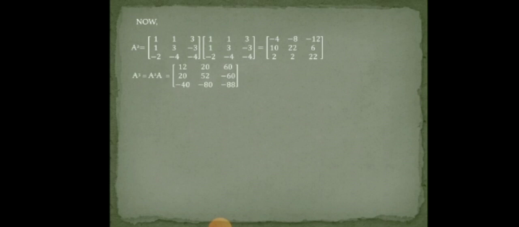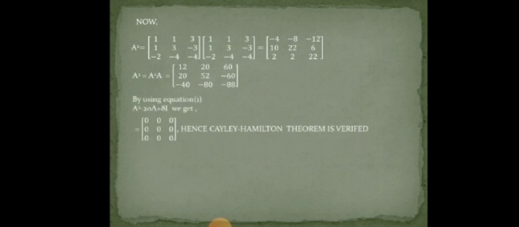A cube equals [12 20 60; 20 52 -60; -40 -80 -88]. By using equation 1, A cube minus 20A plus 8I, we get a null matrix. Hence Cayley-Hamilton theorem is verified.